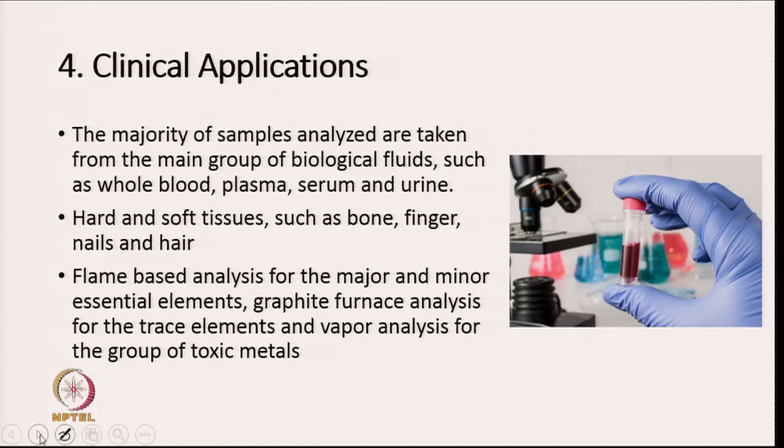Flame based analysis is used for the major and minor essential elements, graphite furnace analysis for the trace elements, and vapor analysis is done for the group of toxic metals. So, different kinds of analysis are done for different kinds of metals.